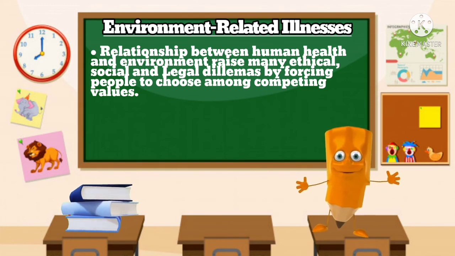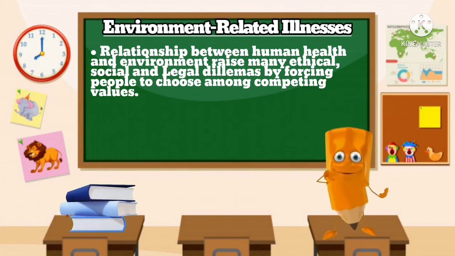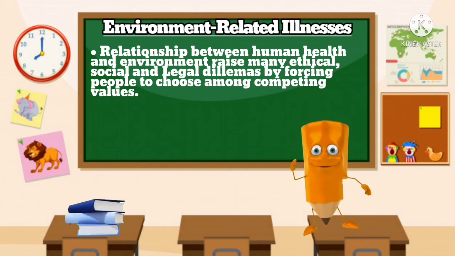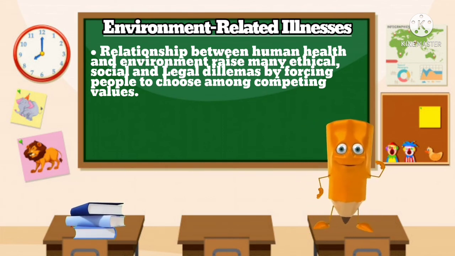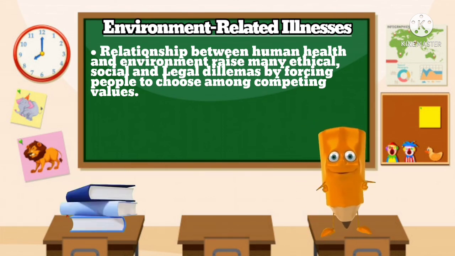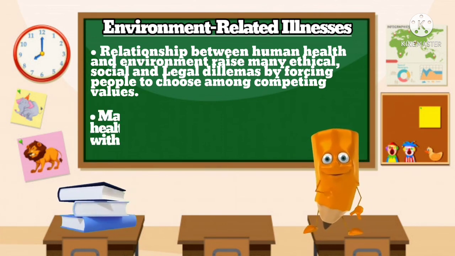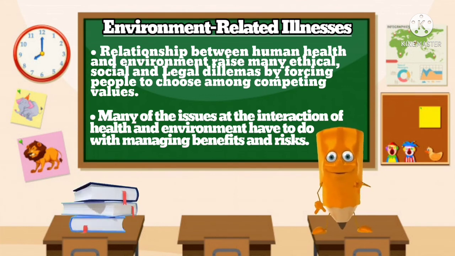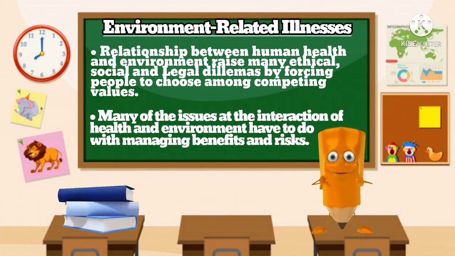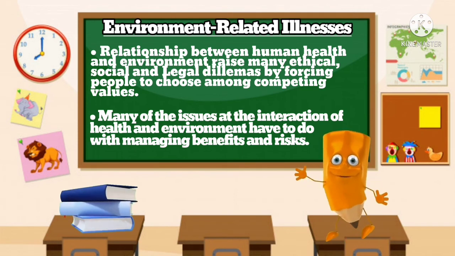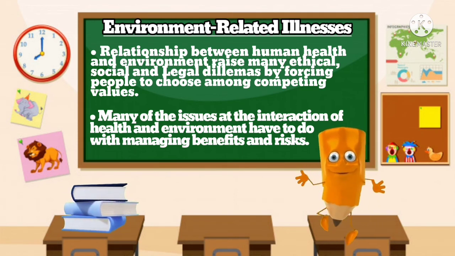The relationship between human health and environment raises many ethical, social, and legal dilemmas by forcing people to choose among competing values. Many of these issues at the interaction of health and environment have to do with managing benefits and risks.